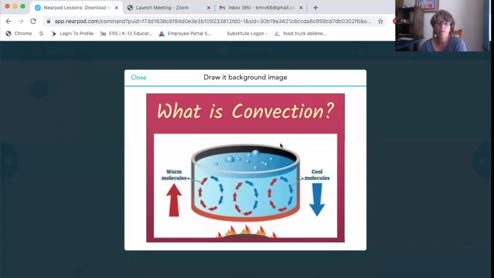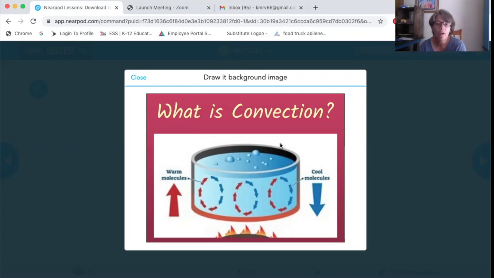First of all, what is convection? So I want you to take just a second to look at the picture, and I want you to see what you notice. All right, so we are going to be talking about heat energy, of course, and how heat energy can be transferred. You can see some arrows in the diagram.